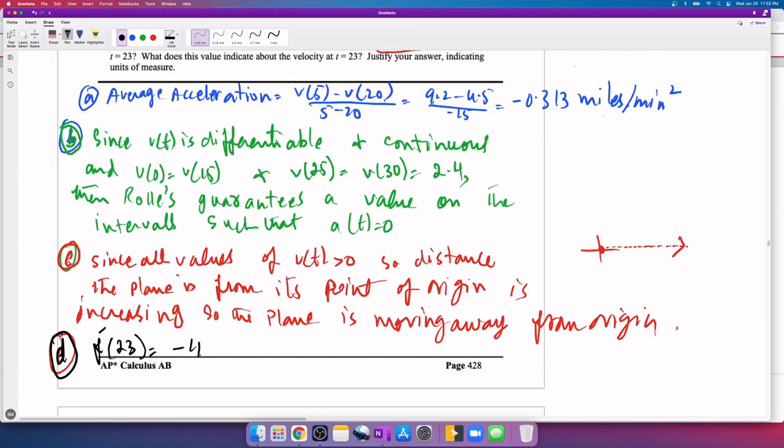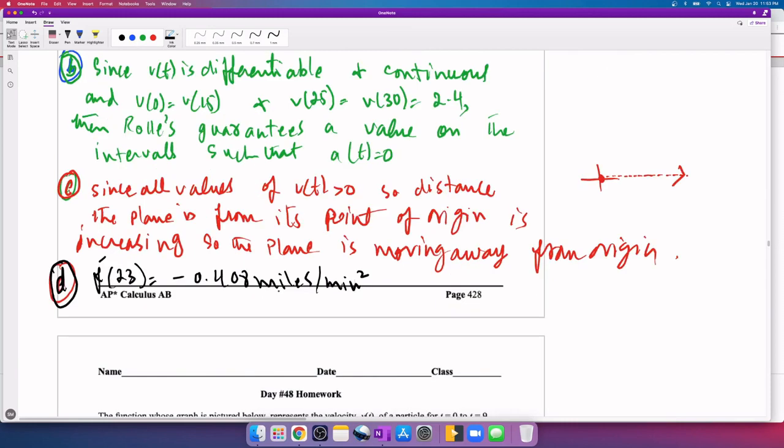So negative, not 4, negative 0.408 would be your answer, miles per minute squared. Now, they said, what does this value indicate about the velocity? This is the velocity actually, so that's what we got.